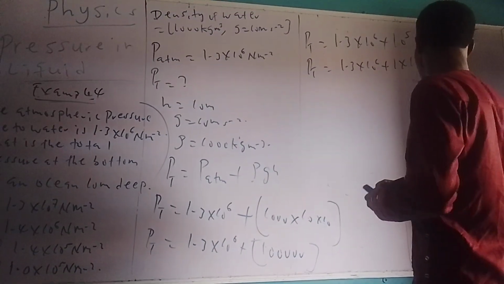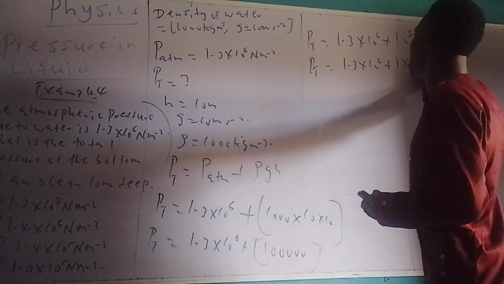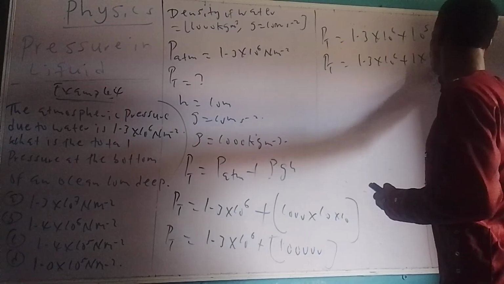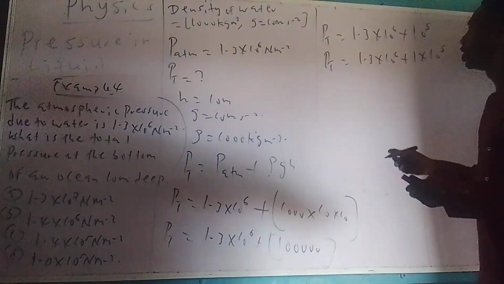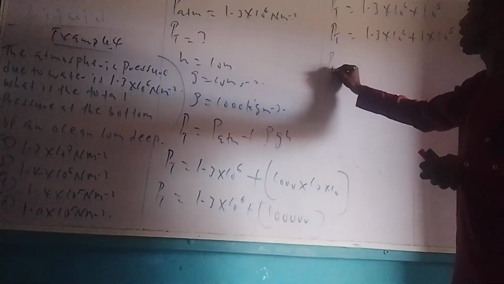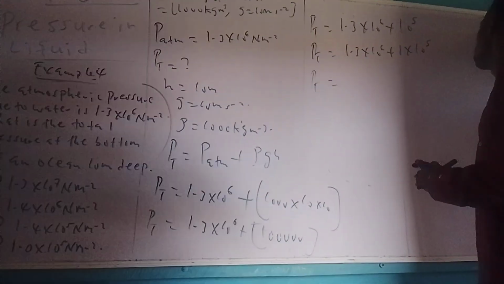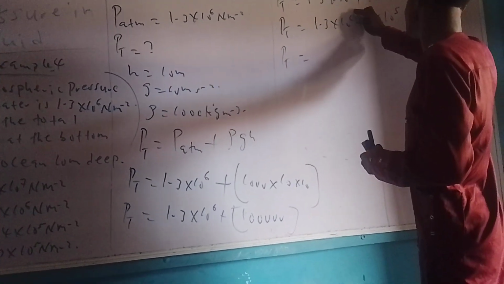You can make this a decimal number, or if you don't want to waste much of your time, you can just add it. So P total becomes 1.5 times 10 to the power 6.